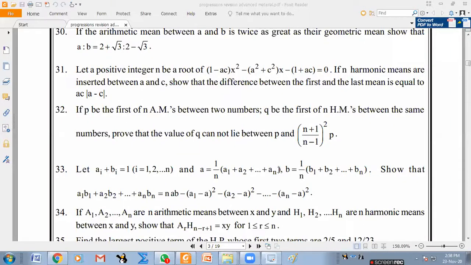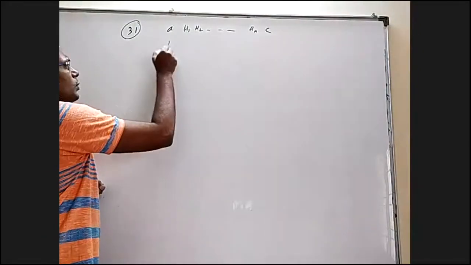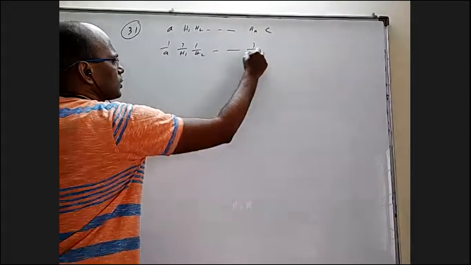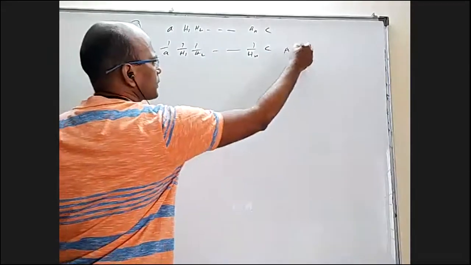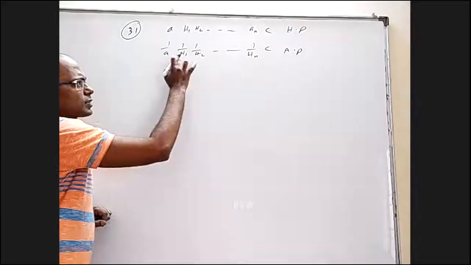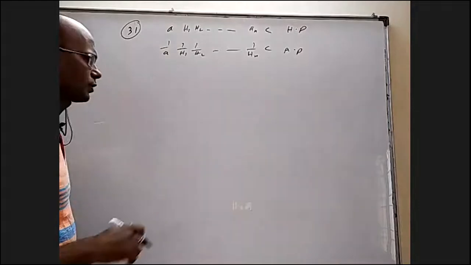What is the difference between the first and the last mean? So 1 by A, 1 by H1, 1 by H2, so on up to 1 by Hn and C. These are in AP. We have formula for each one of them, of course. This minus this is the common difference, but we want H1 minus Hn.